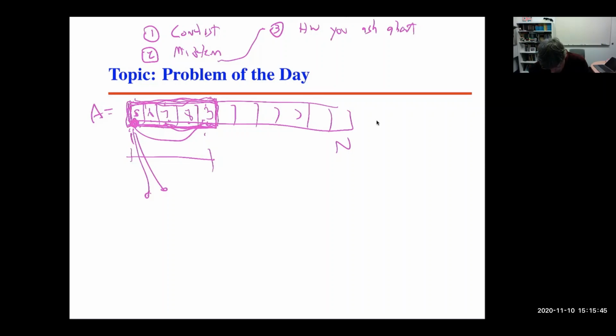For every one of these vertices, some of their neighbors are going to be in the partial solution, and some of them are not. What do we know about the minimum bandwidth of any way to extend this if vertex 5 has 2 vertices that are not yet in the partial solution? What do we know?